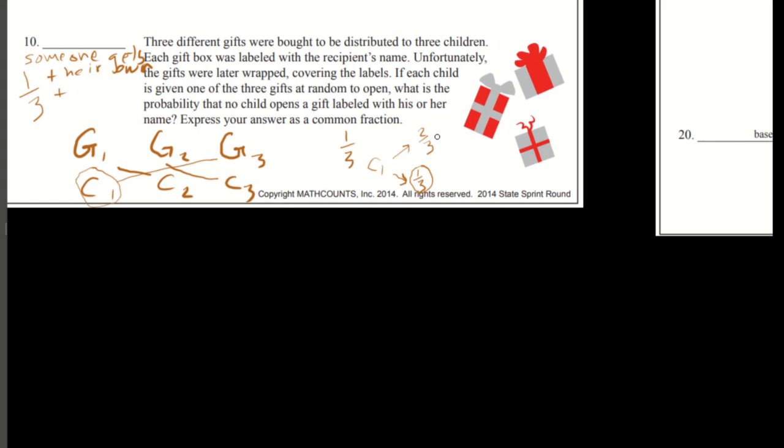Well, 1/2 times 2/3 is just 2/6, and that is 1/3, right? Okay. So if we're saying that child 1 didn't get his own, then it's 1/2 times 1/3.